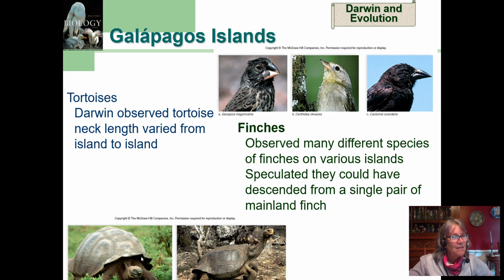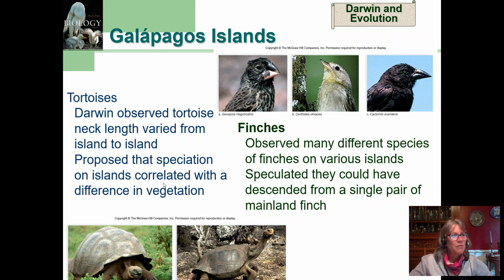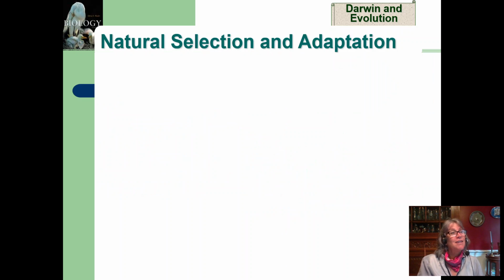And they had different neck length based on what their food source was. So he proposed that speciation on the islands with regard to the tortoises correlated with different vegetation on those different islands. So these are all the different observations he's amassing and the hypotheses he has regarding these.